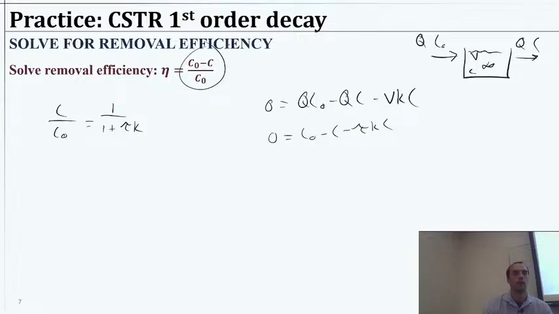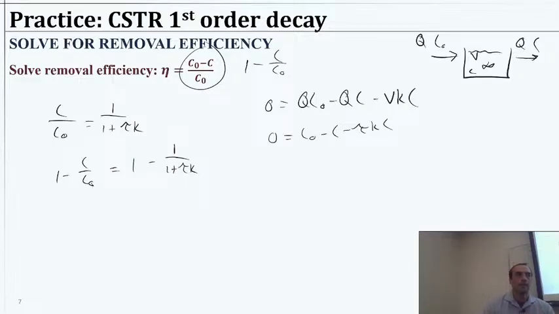Like that's the same thing as 1 minus c divided by c naught. So then you just take 1 minus this guy. So that's a smart way to do it, because then you're just saying this is 1 minus 1 over 1 plus tau k.